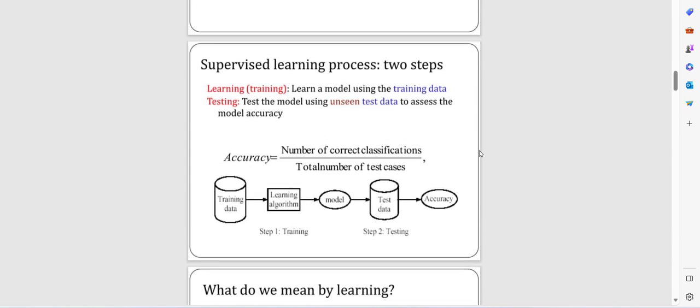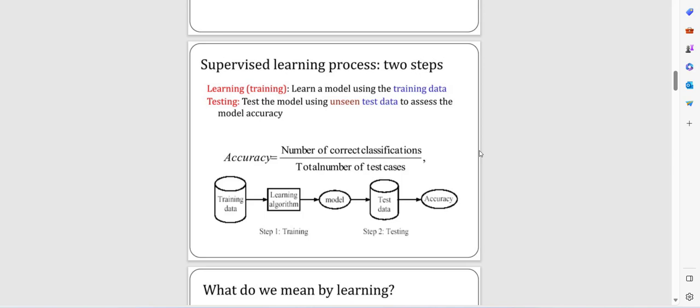Okay, the supervised learning process has two steps. The first one is learning, and the second one is testing. So learn a model using training data, then test. For example, if you have 100 records, you have to split the data between training and testing. 80% of the data will be used for training, and 20% will be used for testing.